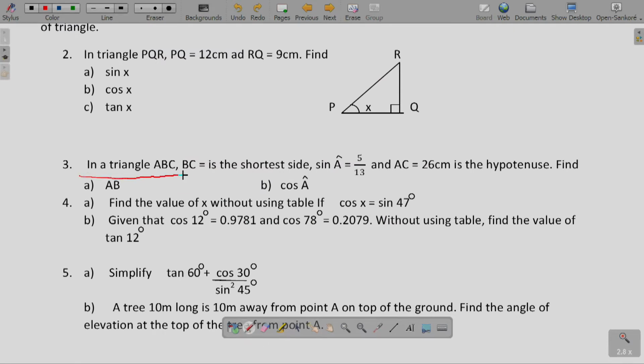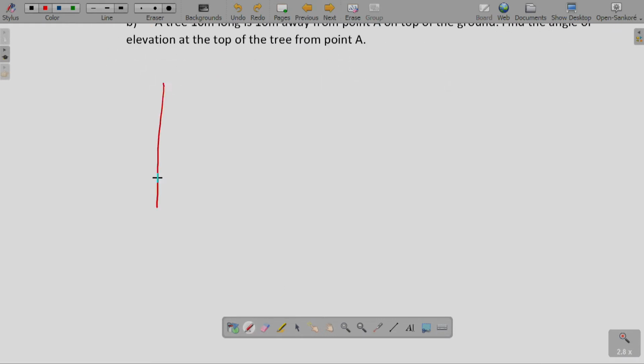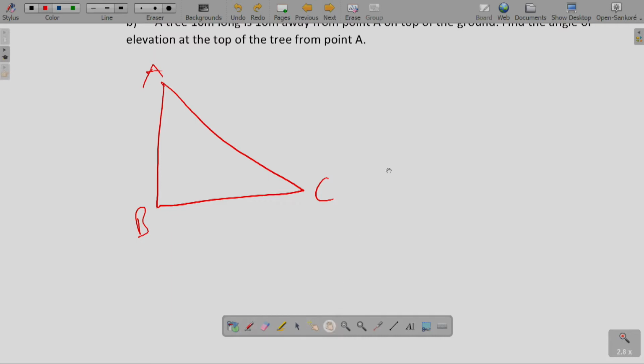In a triangle ABC, BC is the shortest side. So we have a right angle triangle ABC.